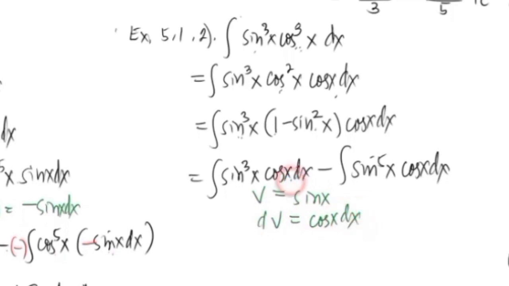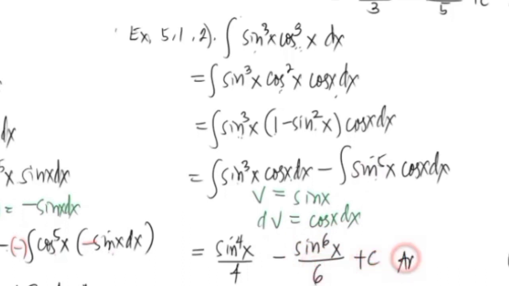So itong cosine x dx ay derivative ng sine, so we can now apply the general power formula. So we have here your n is equal to 3, n plus 1 over n plus 1, so that's sine raised to 4 x over 4 minus n plus 1 over n plus 1, so it's sine to the 6 x over 6 plus c, and this is our answer.